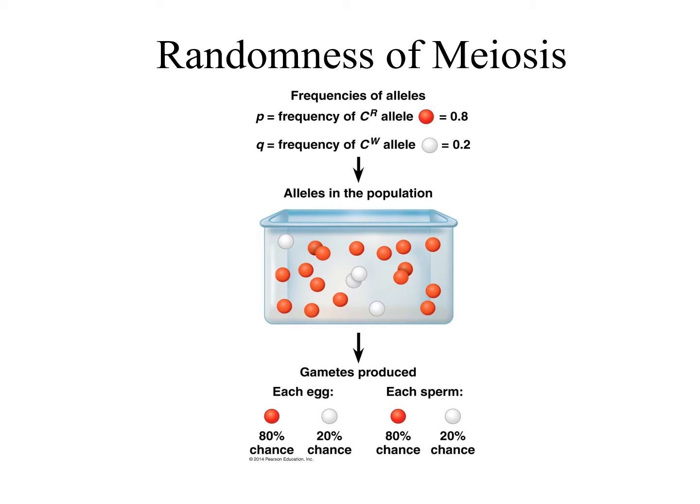The frequency of alleles in the gametes produced mirrors that of the frequency of the allele in the gene pool because of segregation and independent assortment and the randomness of meiosis. The same is true for the females. So if you take a batch of eggs where 80% of them have the red allele and a batch of sperm where 80% have the red allele, and you throw them together, you're going to perpetuate the same frequencies from generation to generation if certain conditions exist.